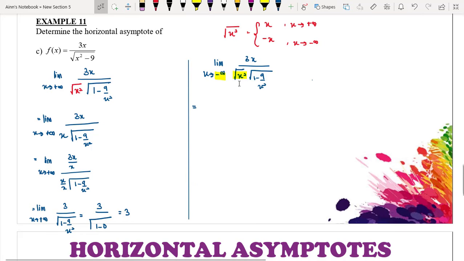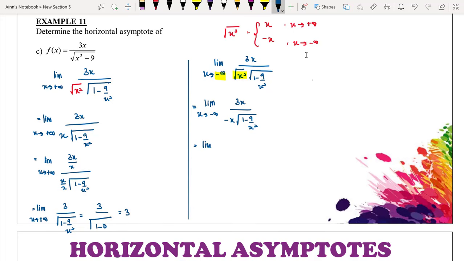So we need to substitute the square root of x squared as negative x. We'll have the limit as x approaches negative infinity of 3x over negative x times the square root of 1 minus 9 over x squared.